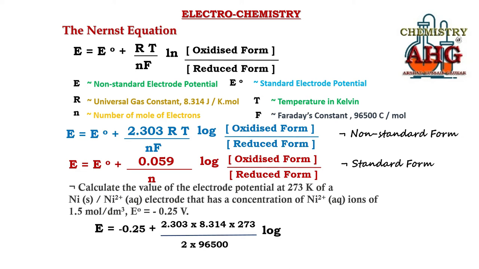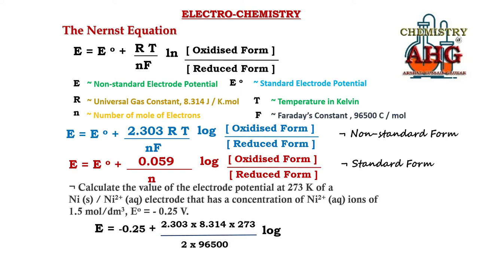Log of concentration of oxidized form. Which oxidation state of nickel is higher? Nickel in the solid state, its oxidation state is 0. Nickel in the solution form, its oxidation state is 2 positive. So obviously 2 positive is the oxidized form.